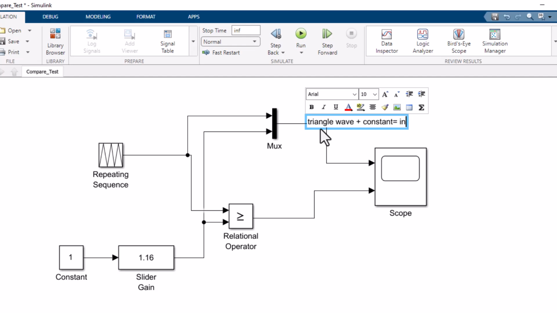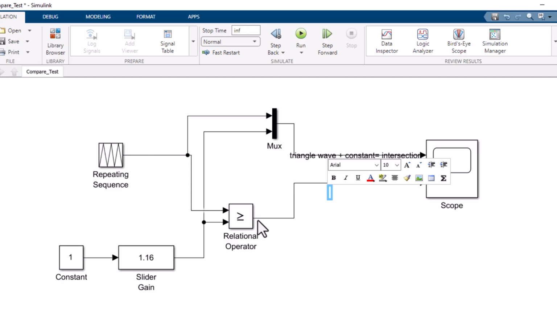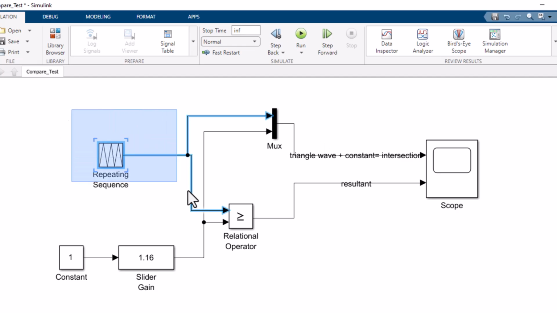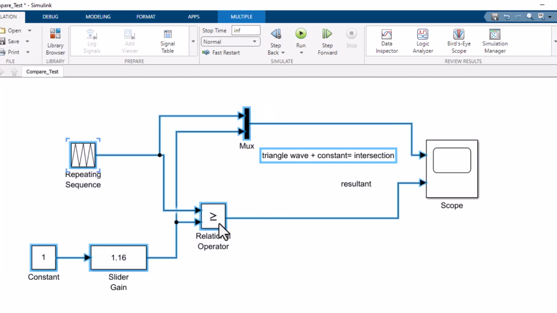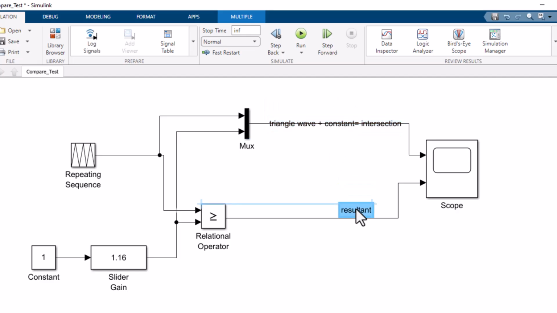The intersection part we can see here, and the resultant we can see here, because I connected after the relational operator. So the triangle wave and constant intersection is here, and the resultant is here.